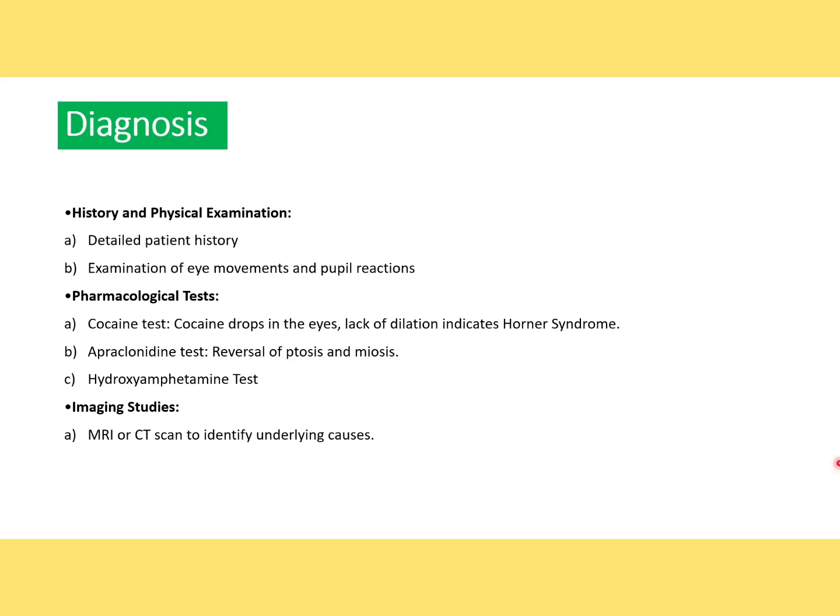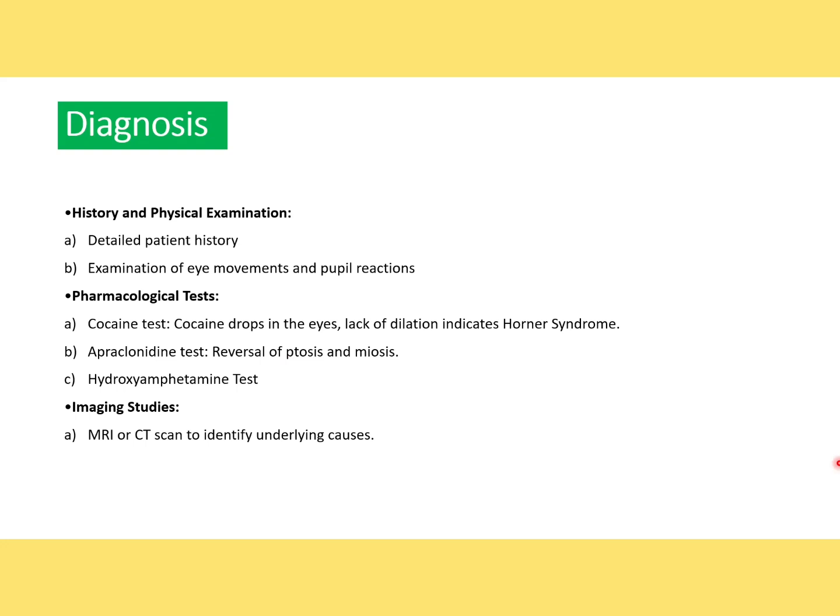Okay. Another test is the apraclonidine test. This apraclonidine test is done to confirm the diagnosis of Horner syndrome as well. Apraclonidine eye drops are applied to both eyes, and apraclonidine causes dilation in a pupil with Horner syndrome due to denervation supersensitivity. So the affected pupil will dilate and ptosis might improve, while the normal pupil will show minimal response.